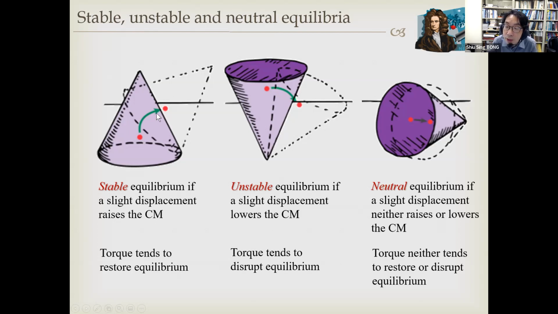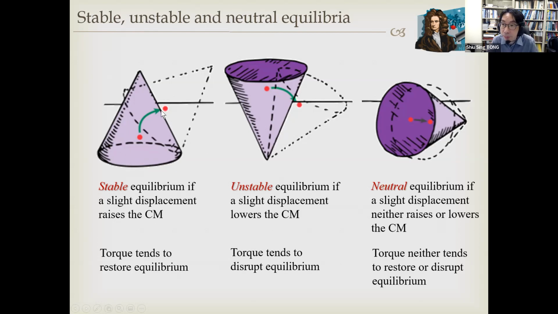And you can see from the top view, if you displace this cone slightly, the center of mass here will produce a torque that tends to restore the equilibrium, tends to decrease the angle such that the cone will move back to its initial position, as long as the center of mass position is within this area.